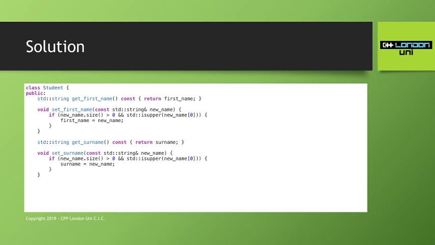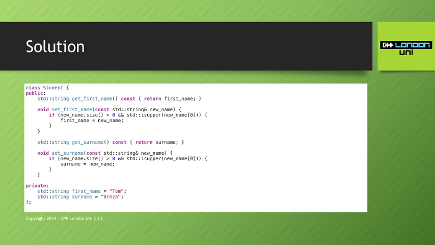And if both of those conditions hold, then we update the surname with the new name we were given. So identical implementations in set first name and set surname. The only difference is which of the fields we're updating. So these are the public members of our student class, because they follow after the public keyword.